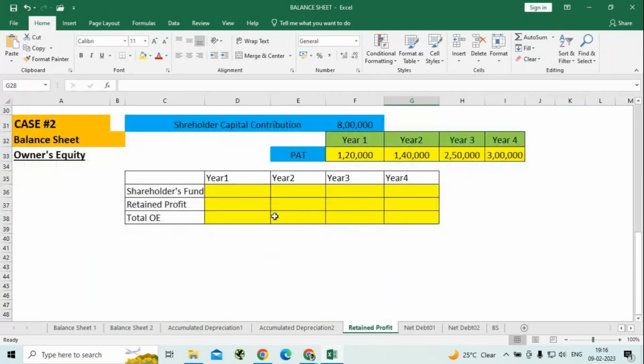Let us take an example over here. In case number 2, we are going to consider the shareholder capital contribution as 8 lakh.